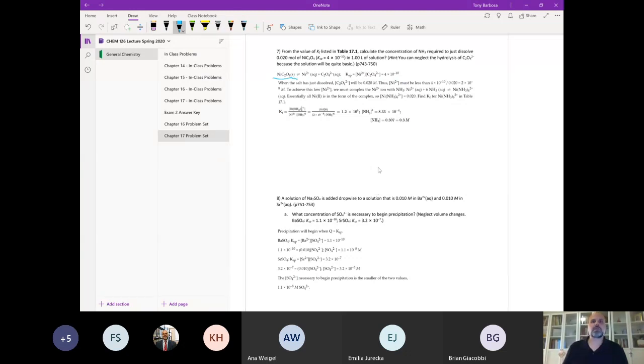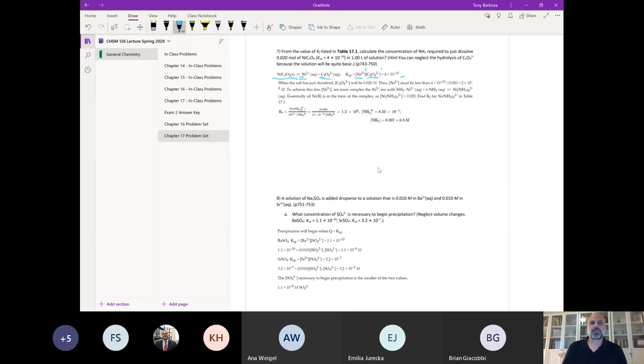You're dissolving the nickel salt in water, you get nickel ions plus the counter ion. Your Ksp equation, because both of these are to 1, has both of them to the first order. So that's the first thing you need to recognize. Then you set that equal to 4 times 10 to the minus 10.